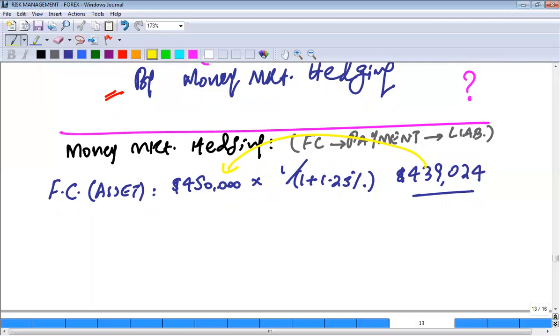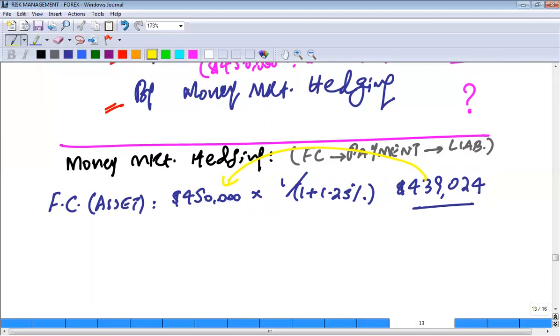Number two, this is foreign currency asset, number one. Number two, if it's a foreign currency asset, the question is from where we arrange these 439,024 dollars to invest. So the answer is the second step, local currency borrowing.